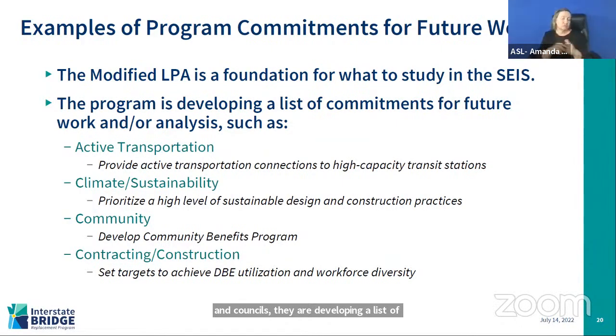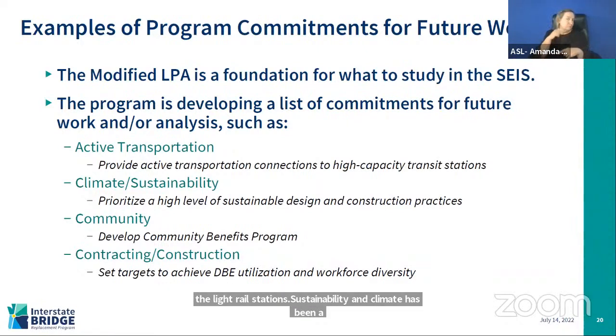So once again, some of the key areas included active transportation, making sure that we have great connections to the light rail stations. Sustainability and climate has been a key element that we've heard commitments on.